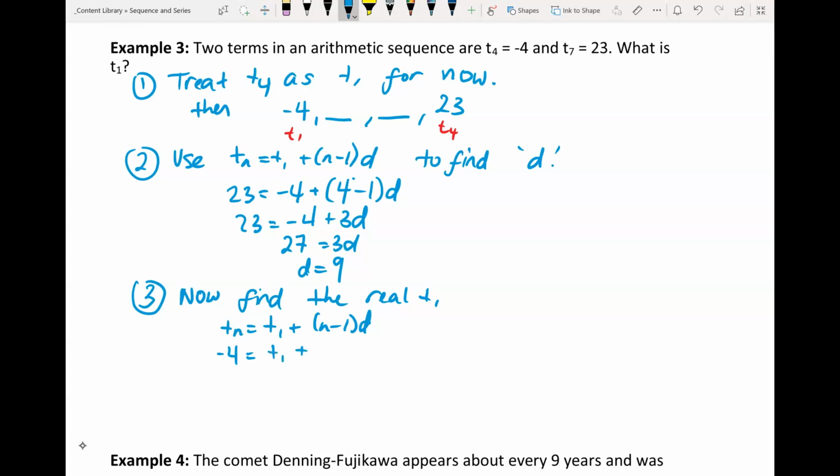And this was our fourth term in our real arithmetic sequence. And we just found d, which is 9. Now we're going to simplify. So 4 minus 1 is 3, and then times 9. And that would be 27. Then subtract both sides by 27. T1 then is -31.